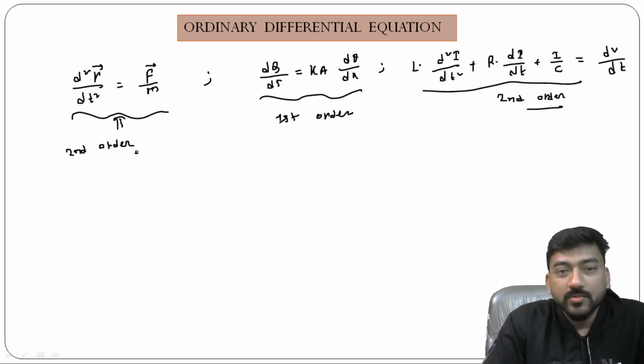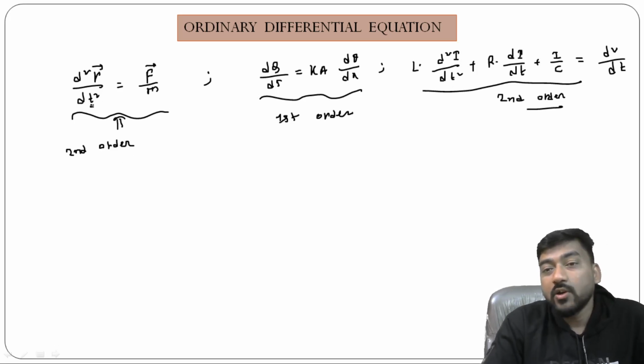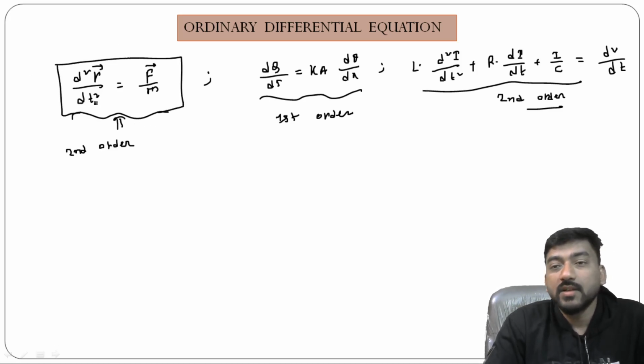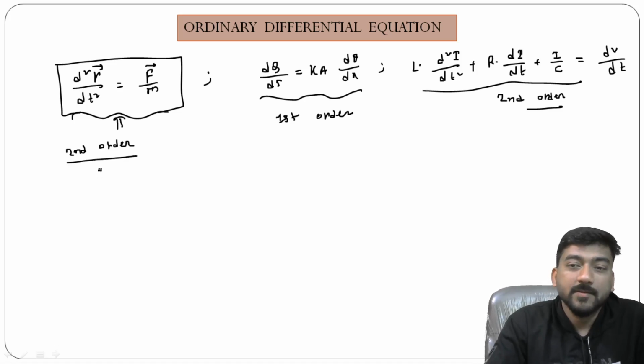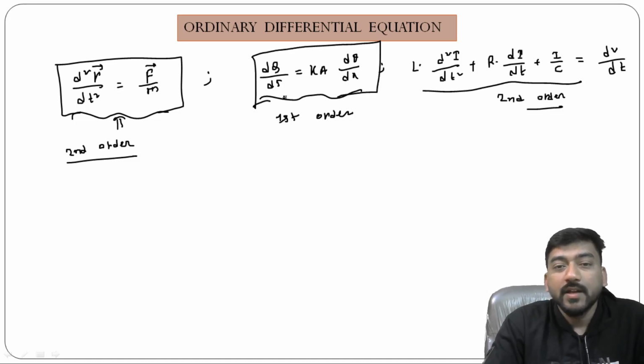The order of a differential equation is given by the maximum order of differentiation. Here the maximum order of differentiation involved is second order, so it is known as a second order differential equation. In the second equation, the maximum differentiation is only first order, either dQ upon dt or dθ upon dx, so it is first order.